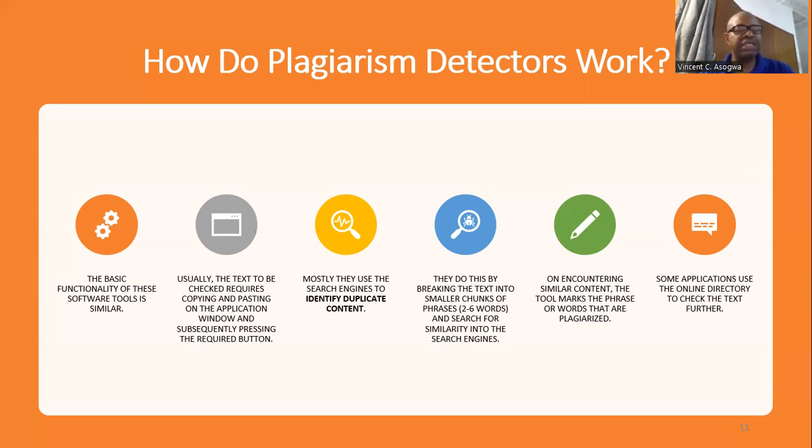So what we're saying is that even when a full sentence is marked, you might understand that it is as a result of 6 words in that sentence. If you're able to identify them and break them, disorganize them, or rephrase them, paraphrase them, it will not be seen as plagiarized. Some applications use online directories to check the text further.